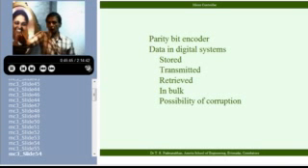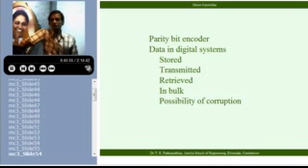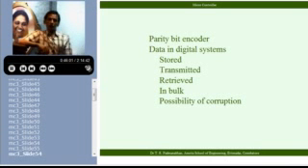Since there is a possibility of corruption at every stage, you try to build in redundancy. Instead of sending 10 bits, you send 12 bits, 15 bits. By some logic, you build a redundancy inside. The amount of additional bits that you put in, to that extent, that data becomes secure and you can retrieve your original data.